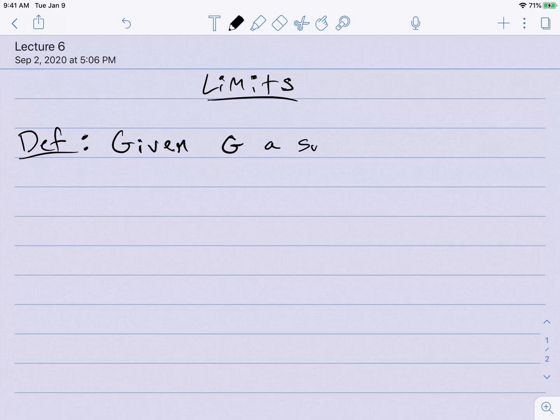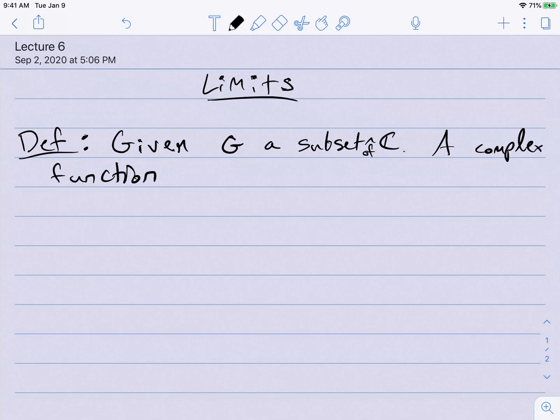Call it G. And it's just some subset of C. Then a complex function is a map f from G to C.